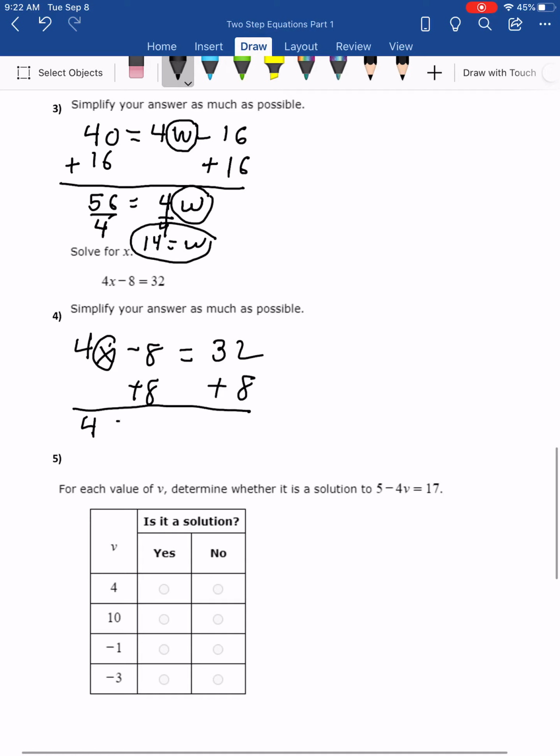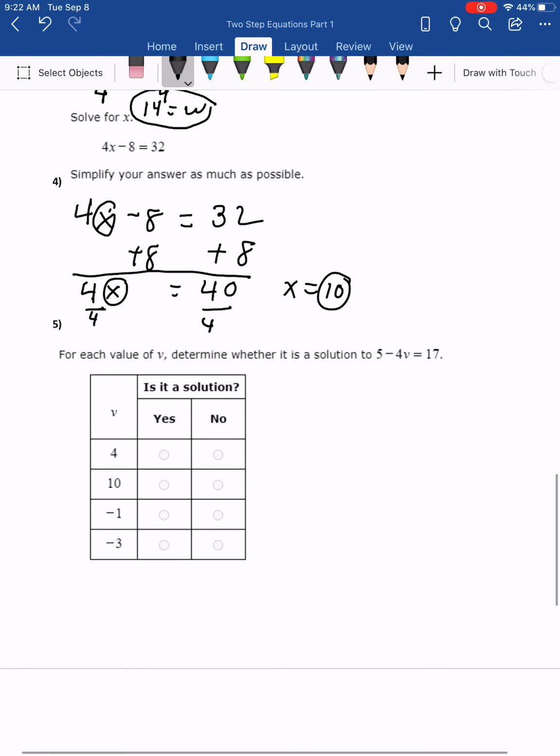So 4x equals 40. Now we need to get rid of the 4 with either multiplication or division. Well, we have 4 times x, so we're going to use the opposite of multiplication, which is division. We'll divide each side by 4, and that means x is 10.